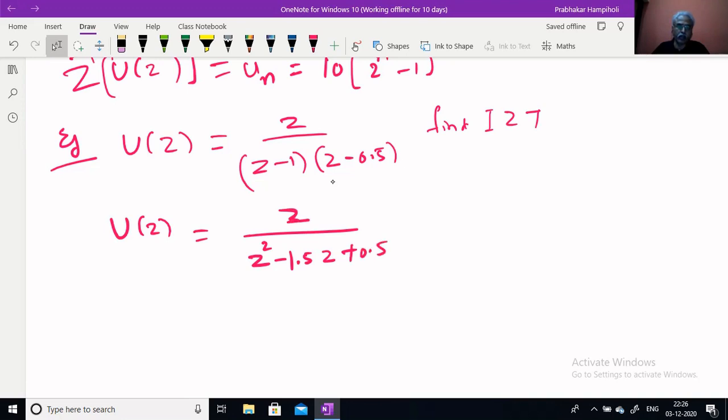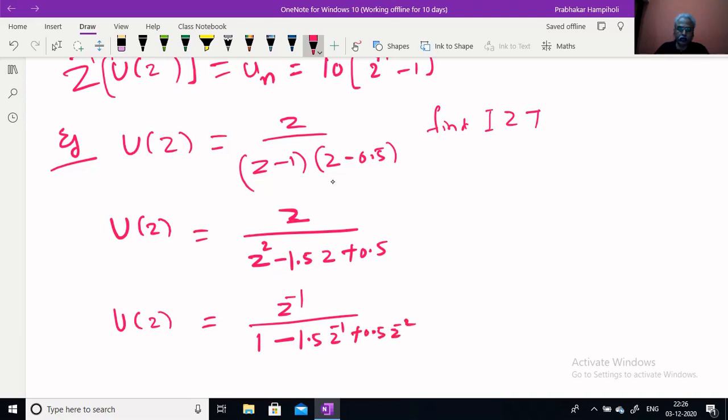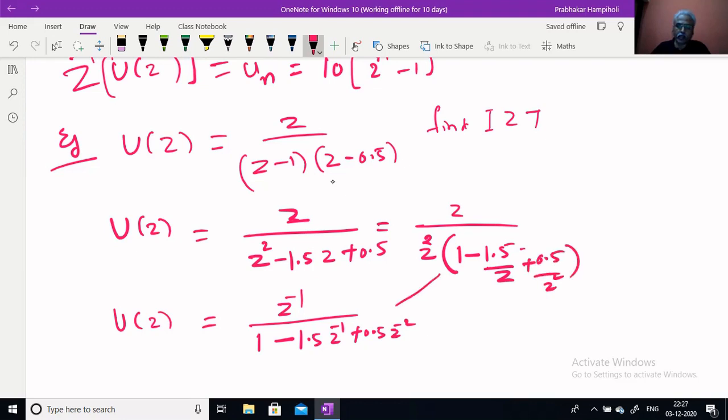In a similar fashion, like last time, if you take z square outside, you are going to end up with z raised to minus 1 whole divided by 1 minus 1.5 z raised to minus 1 plus 0.5 z raised to minus 2, which is rearranged like this.